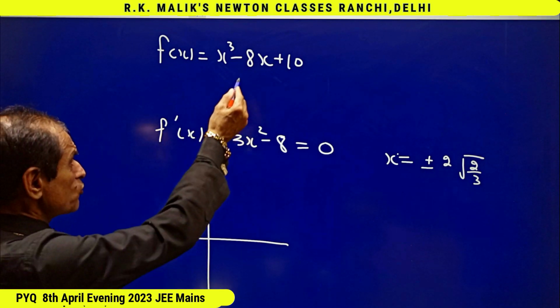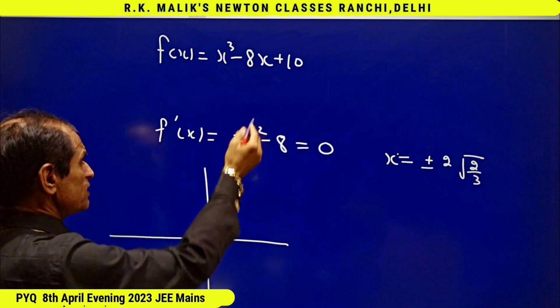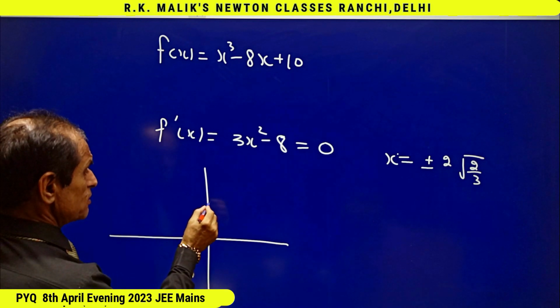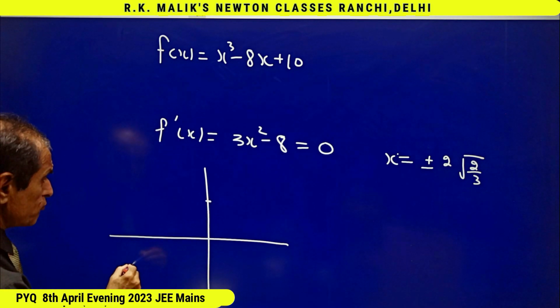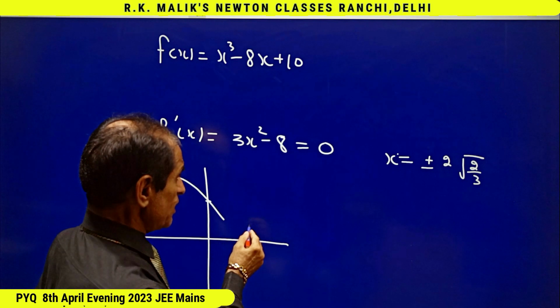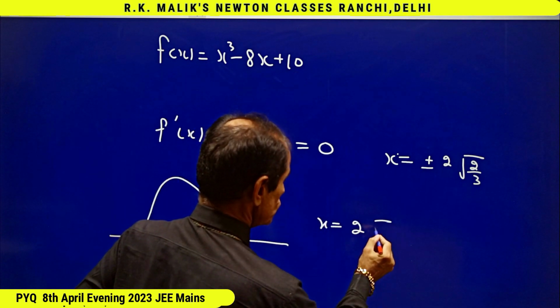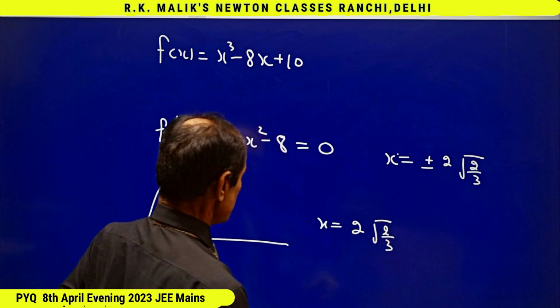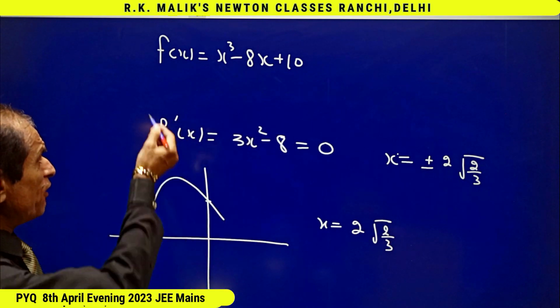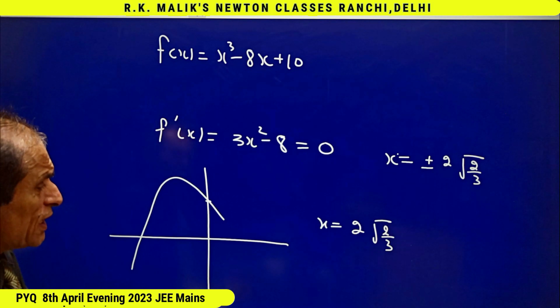And it is also clear that when x is 0, y is 10, that is, the graph will be surely of the type at second turning point, that is for x equal to 2 root 2 by 3, value of f(x) is positive or negative.